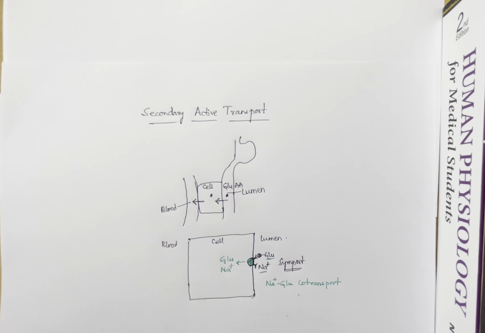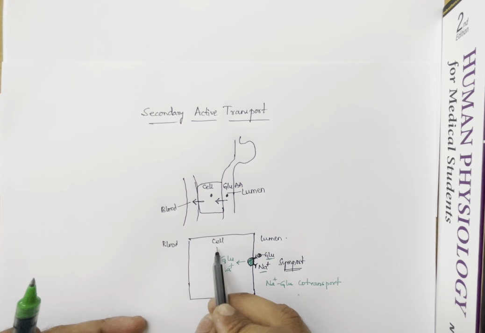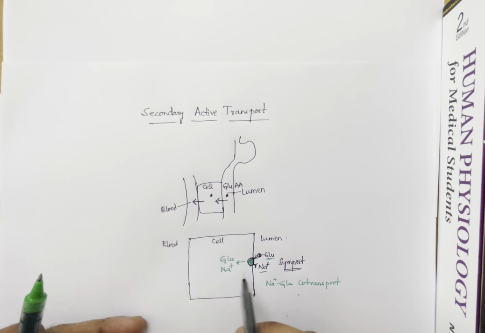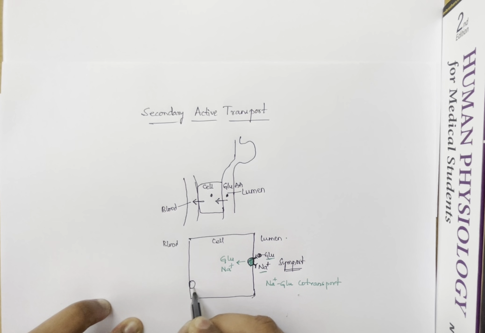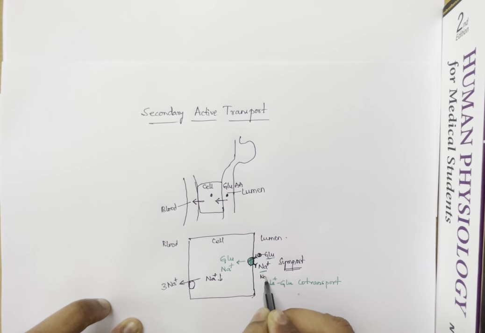Now here, how does this carrier protein act? Before the carrier protein action, you need to understand there should be a concentration gradient for sodium that has to be created between the lumen and the cell. For that there is active pumping of sodium ions out of the cell, decreasing the concentration of sodium ions within the cell when compared to that of the lumen.